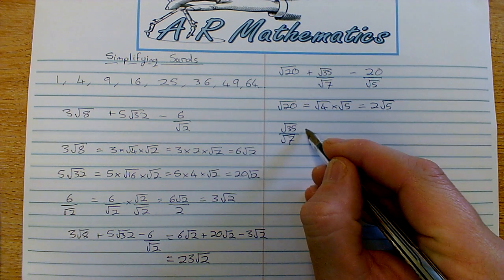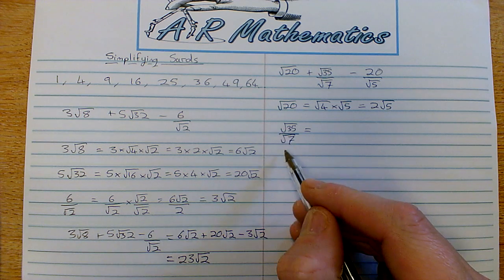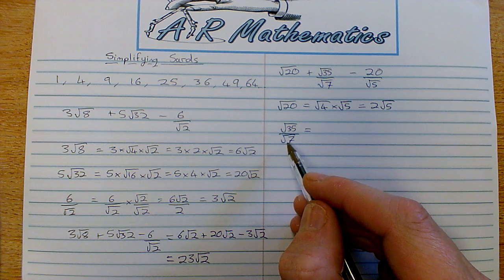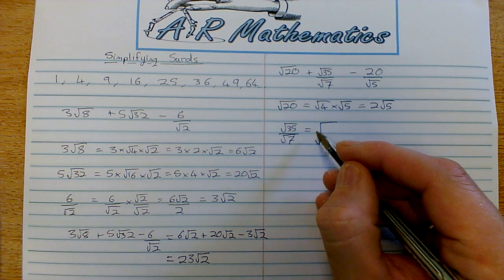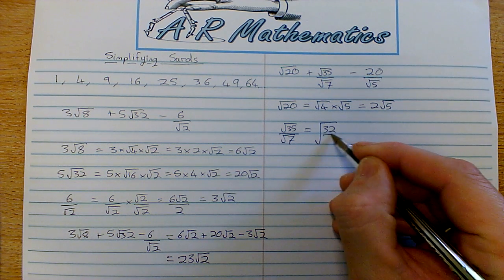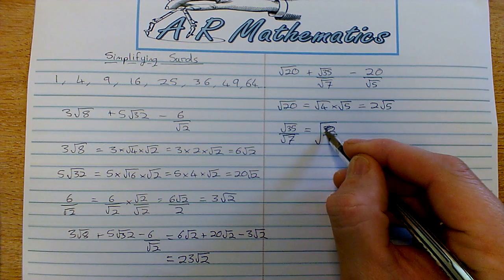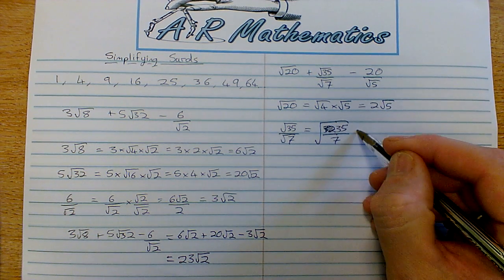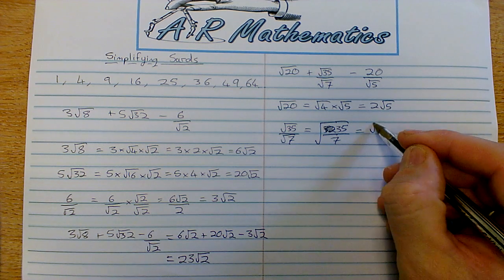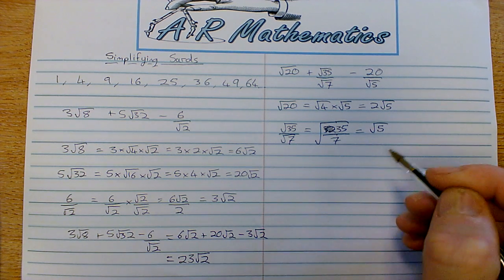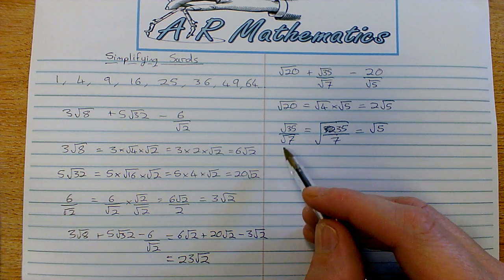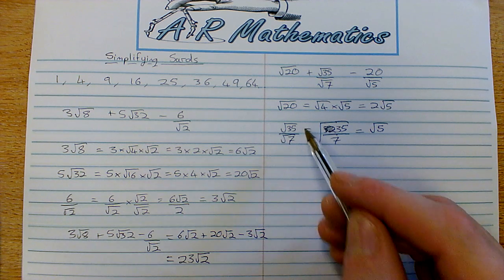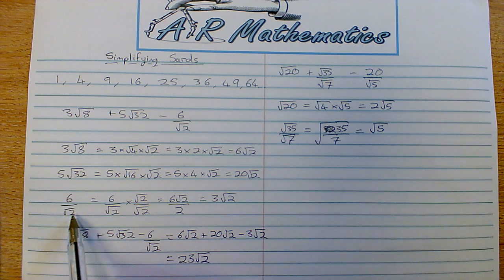You need to remember here that if you're dividing two square roots, that's the same as having the square root of the fraction. So 35 over 7. And 35 over 7 is 5, so this is the same as the square root of 5. Doing it this way is a lot easier than multiplying root 35 by root 7, which you would have to do if you followed the same process that you did here.